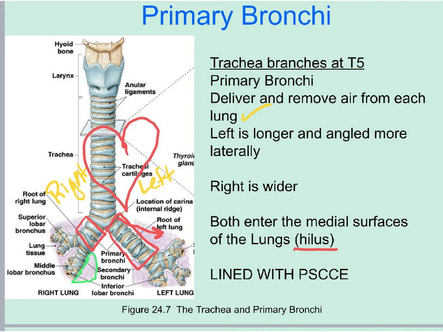But I want to point out the purple lung to you, and then the point at which the primary bronchi enter, which would be like right here. We call that the hilus. I believe, if I'm not mistaken, singular is hilum and hilus is plural. And as far as the histology, the epithelium is still pseudostratified ciliated columnar epithelial tissue.